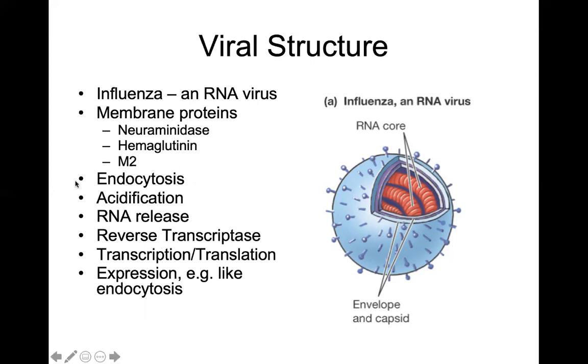Dr. B is only giving you this slide because he's an influenza researcher and he loves learning about influenza. M2 is also on the surface, but it's such a small amount in influenza that we don't really talk about it. So it has to be endocytosed, then it goes to the lysosome, which we'll talk about in this lecture, and it gets acidified. That allows for the RNA to be released. You have a reverse transcriptase.